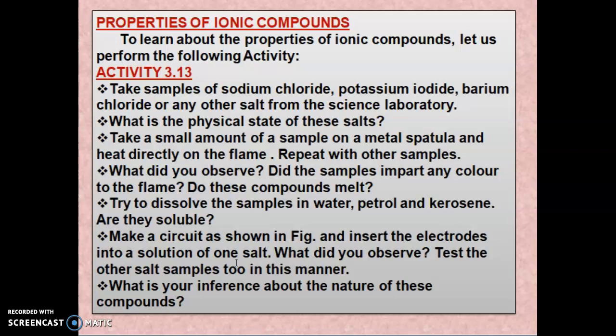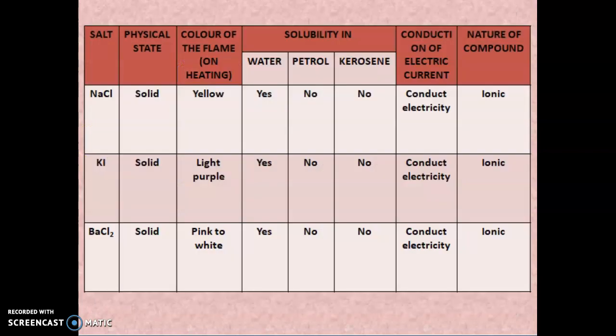Third, you have to dissolve the sample in water, petrol and kerosene, to see in which solvent it dissolves. Fourth, we make a circuit to check whether the salt sample conducts electricity or not. All this will be tabulated in the table columns.